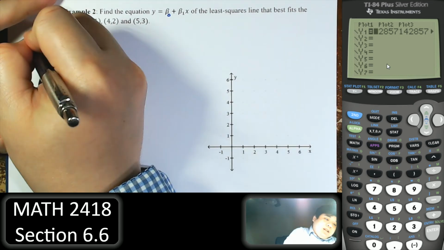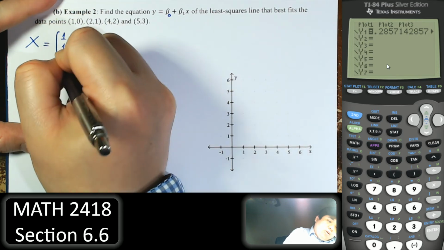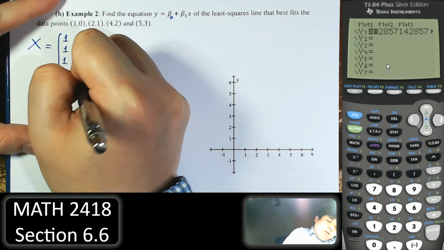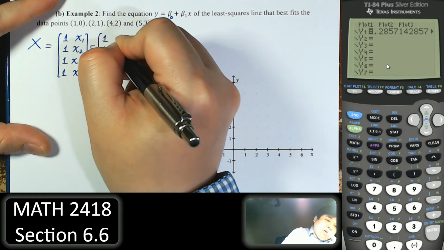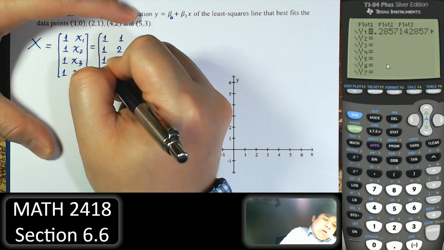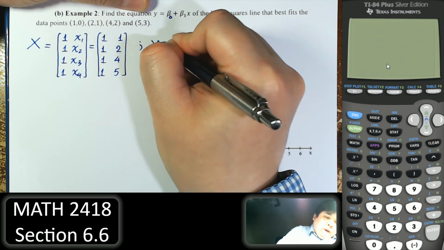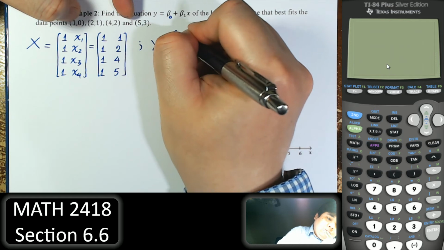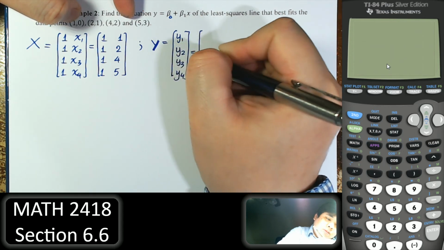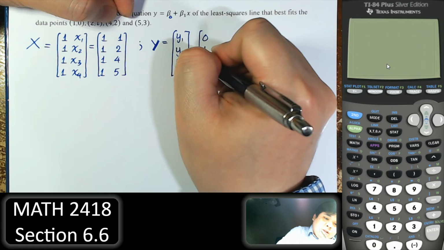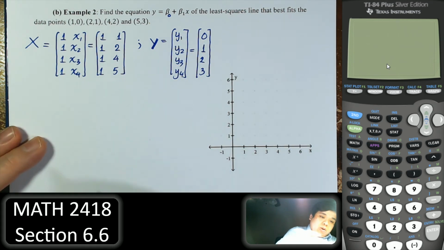So once again, we just set up X: 1 x1, 1 x2, 1 x3, 1 x4, which is 1 1, 1 2, 1 4, 1 5, and y will be the y values: zero, 1, 2, and 3.